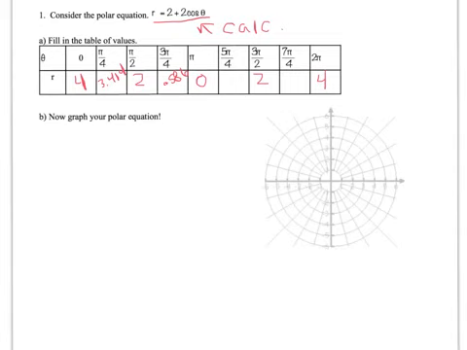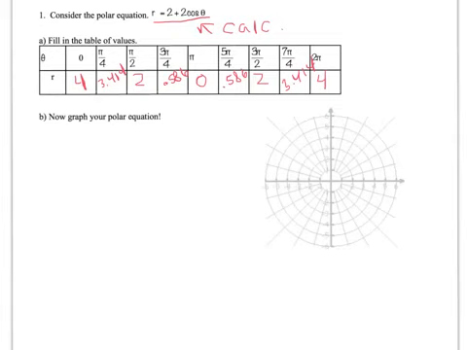And with 5 pi over 4, 0.586. And with 7 pi over 4, I get 3.414.